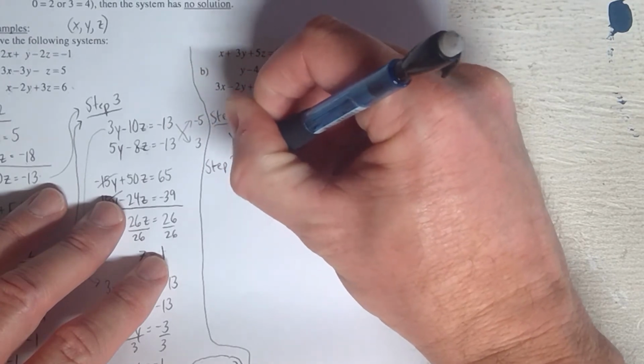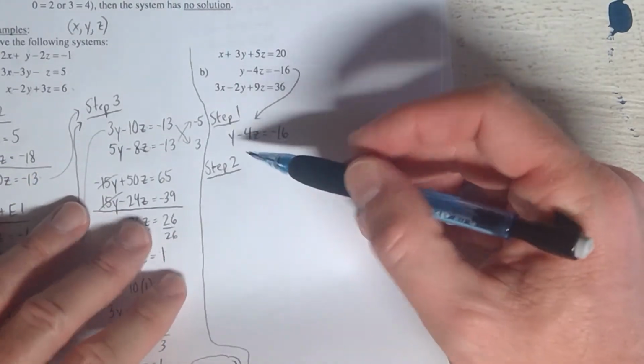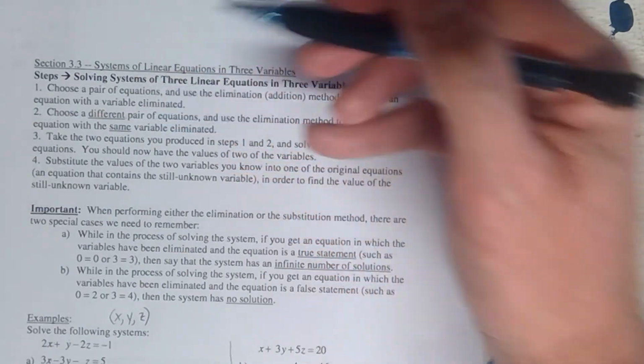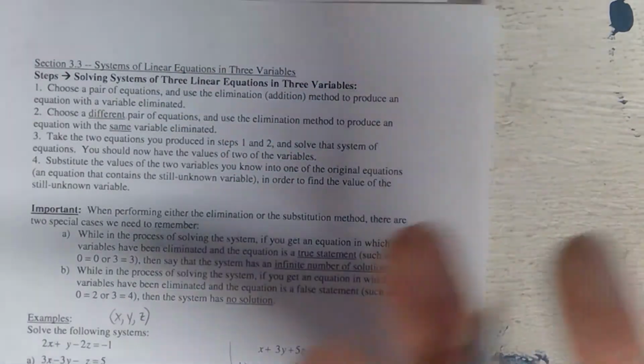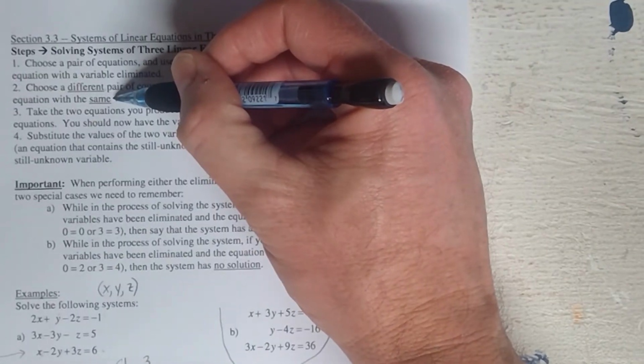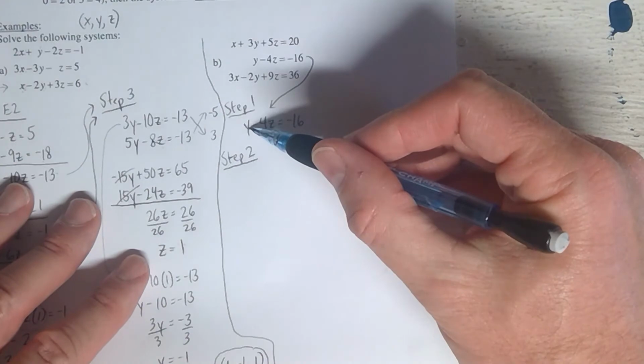But what you need to remember, though, okay, is that in the other step there, just like we said here, you have to choose a different pair of equations. Now, that doesn't really make sense here, but I'll explain that. Don't worry. We didn't really do the first step, so you can't choose a different pair. But you do need to eliminate the same variable, though. So we need to eliminate x because x is eliminated here.